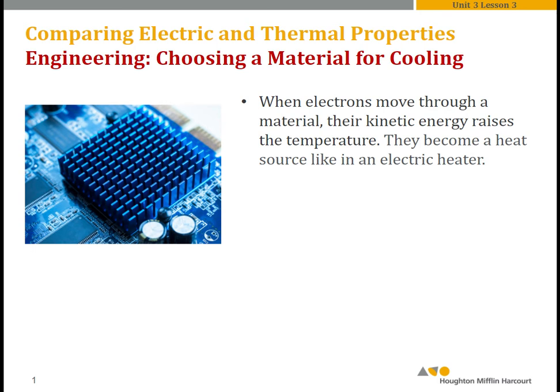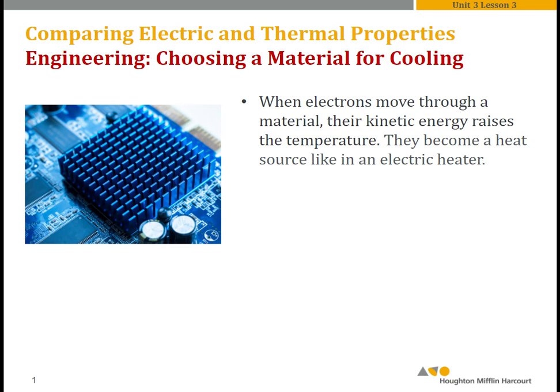Remember, anytime electricity conducts through a conductor, that's the movement of electrons, or charged particles, usually electrons. Anything that's moving has kinetic energy, and so the movement of those electrons raises the temperature, and they become a heat source, like in an electric heater.